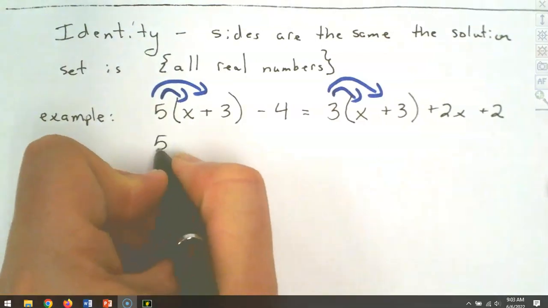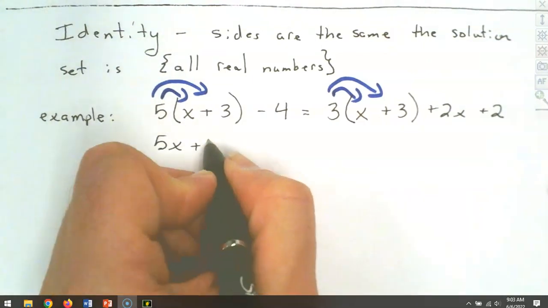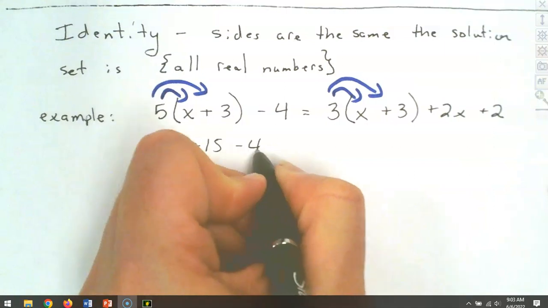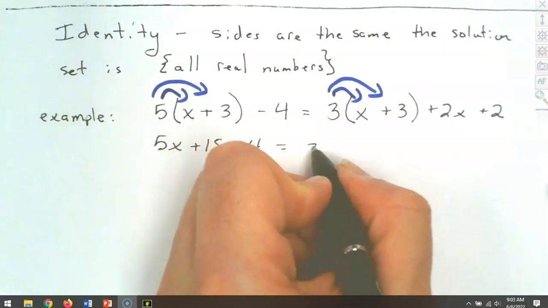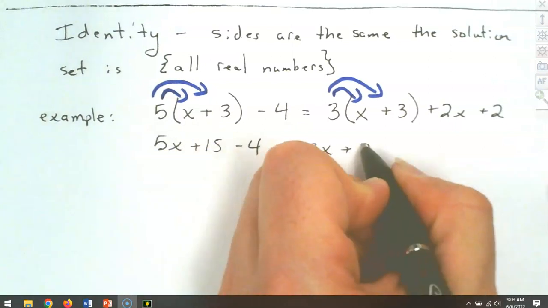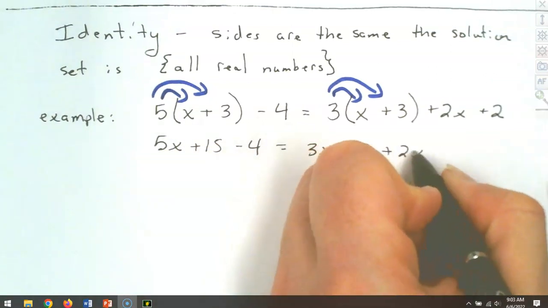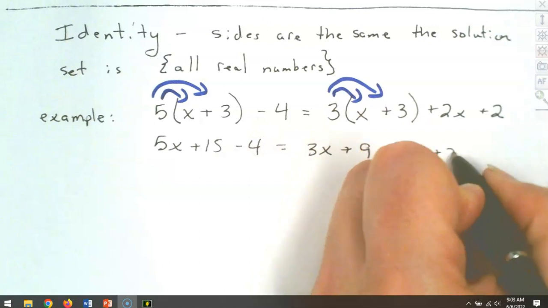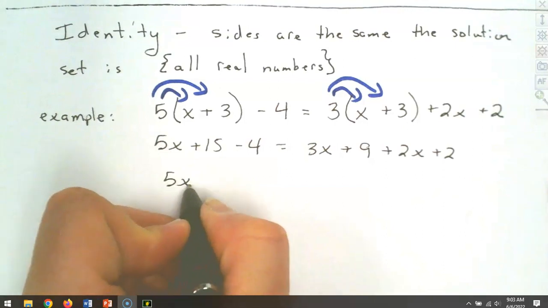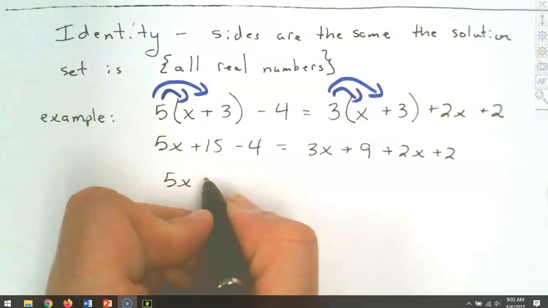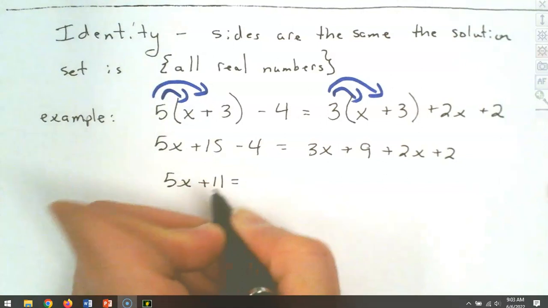Well, let's go ahead and write out what we've got. We've got 5x plus 15 minus 4 on the left. On the right-hand side, we have 3x plus 9 plus 2x plus 2. Now, we can work on the left-hand side, combine like terms, and that's going to be 5x plus 11.